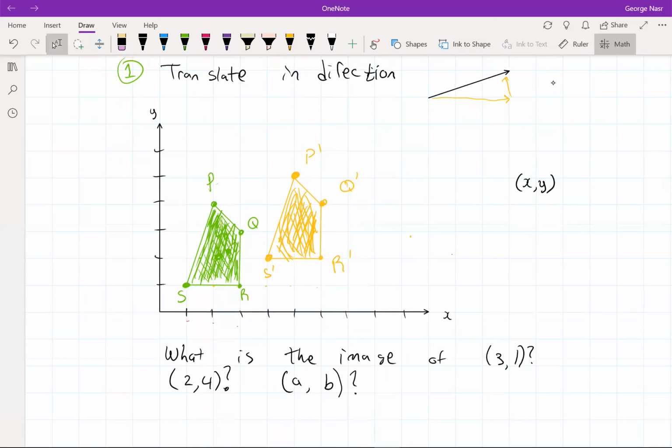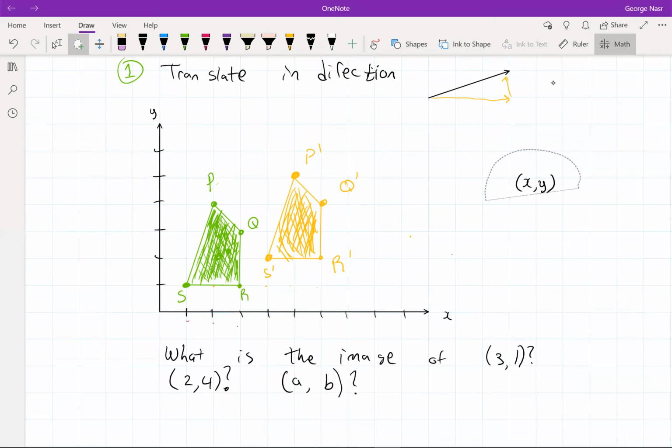Now I want to talk about this next part. What is the image of (3, 1), (2, 4), and (a, b) under this transformation? Some of you have seen this recently, others of you probably haven't seen this in a while. So I have these axes here, right? This axis right here, that's the x-axis. This axis up here is the y-axis.